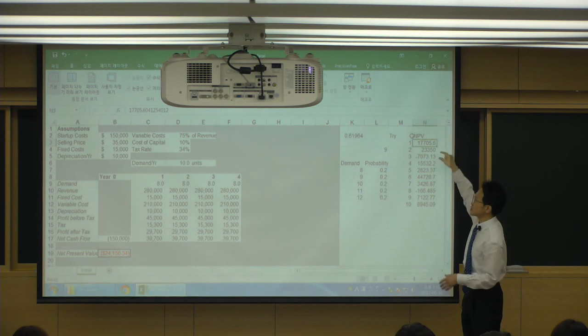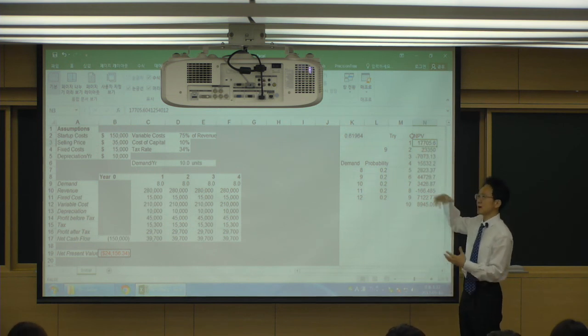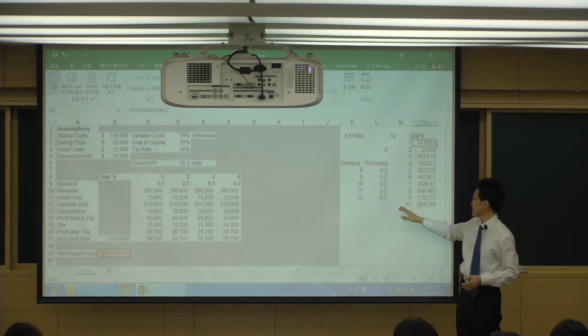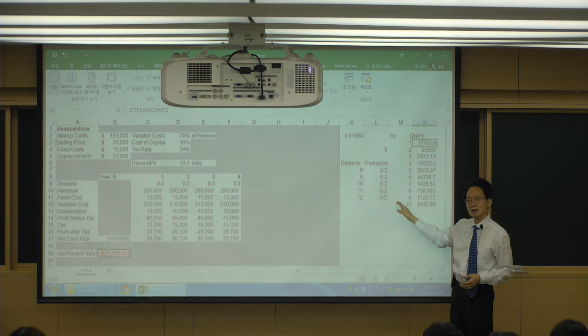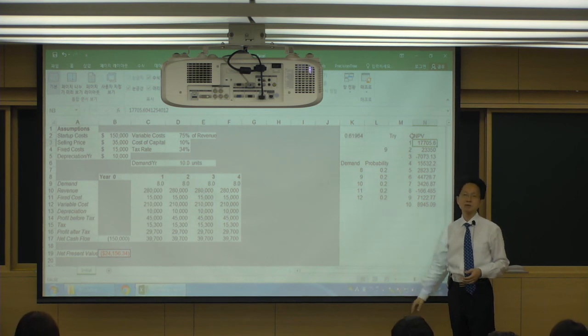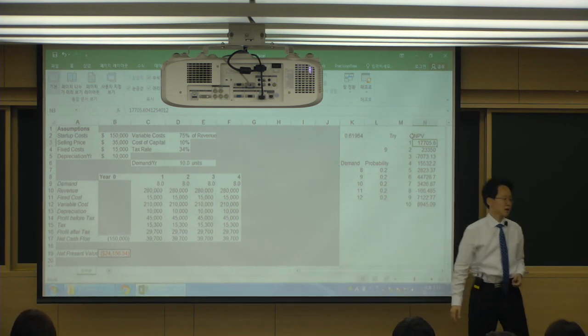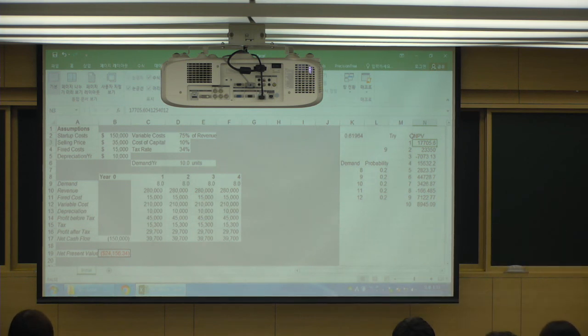But in order to have a reliable distribution, we probably want to have not just 10 times, maybe 1,000 times, or 10,000 times, or even 100,000 times. I want to do that. So what should I do? Well, it's easy. You can just write down these trial numbers, right?